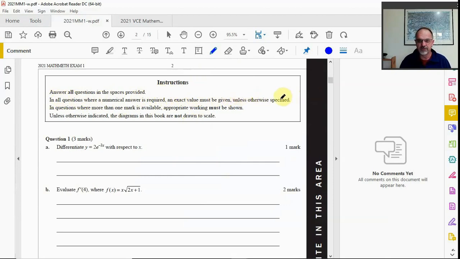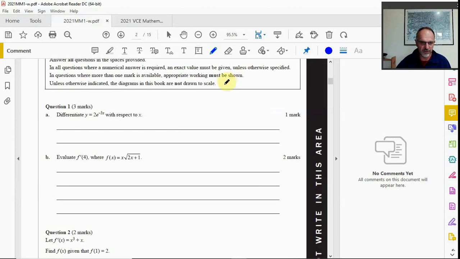You've got to be very careful with that, because sometimes within a question they will alternate between both. And the other one is, questions where more than one mark is available, appropriate working must be shown. So if it's a 3-mark question, there's working you've got to do.